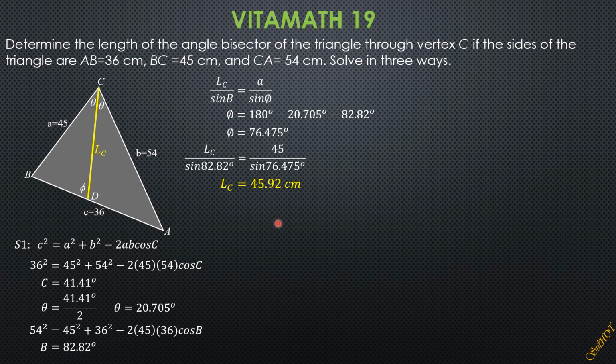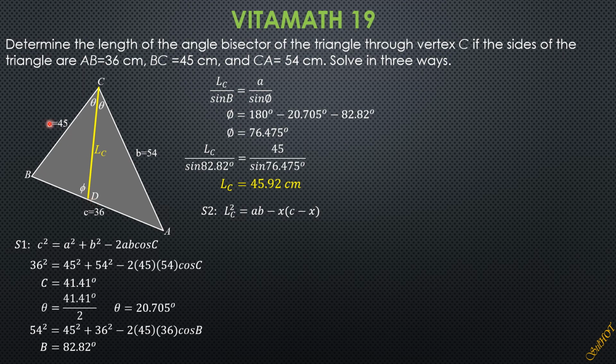For the second solution, the length of the angle bisector squared from the angle bisector theorem is equal to AB minus BD times AD. That is, L sub C square equals C minus X times X, where X is BD and C minus X, or 36 minus X, is AD.